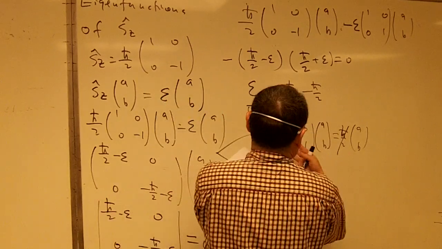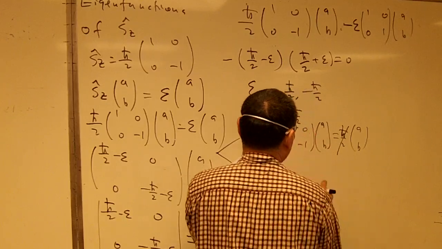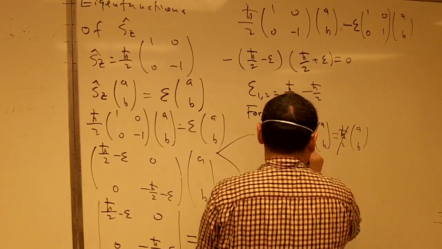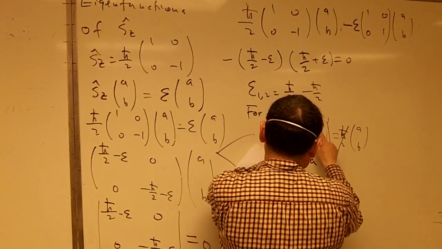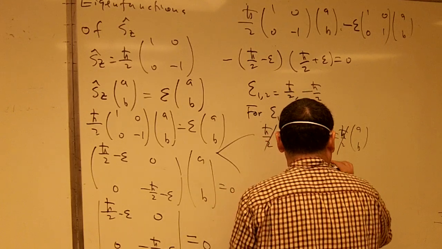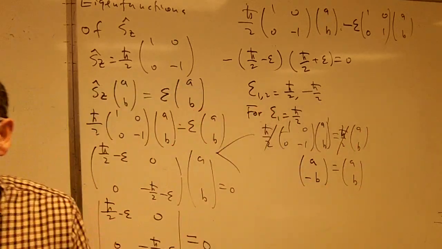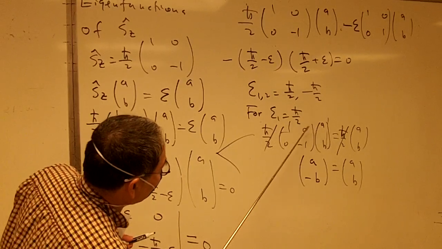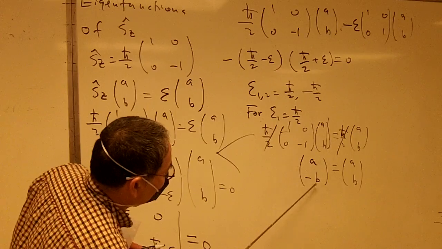And then I do the matrix vector multiplication. So this will be 1 multiplied by A, gives me A. And the second one is 0 times A, 0, and negative 1 times B, so negative B. Are we good?